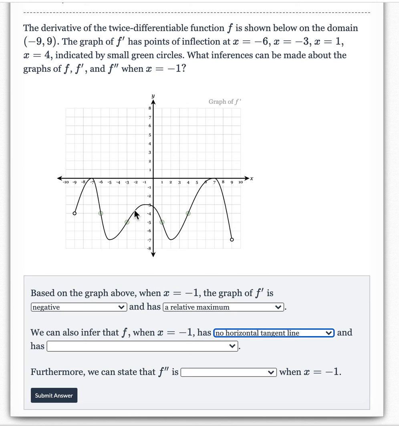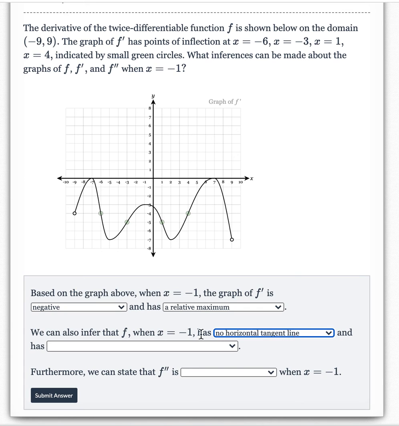You can tell that here. Negative, it's below the x-axis, increasing, but then it's still negative below the x-axis, but it's decreasing. Slope has to change from positive to negative or negative to positive on the graph of f in order for there to be a relative min or relative max. Therefore, there is no horizontal tangent line there.